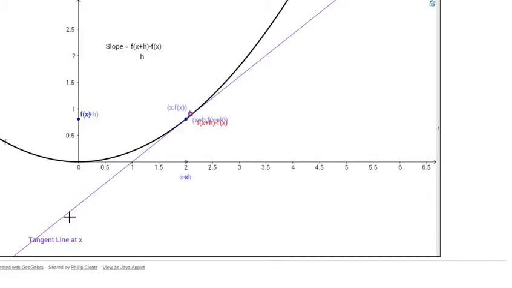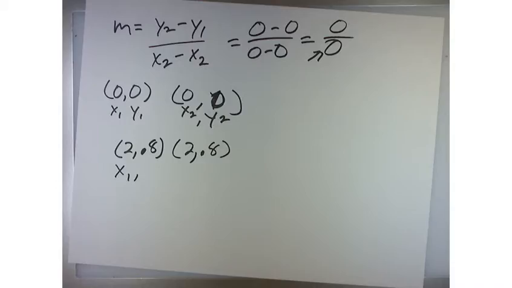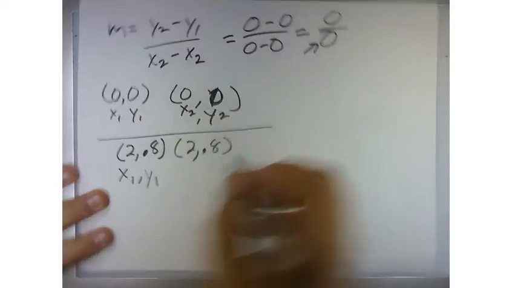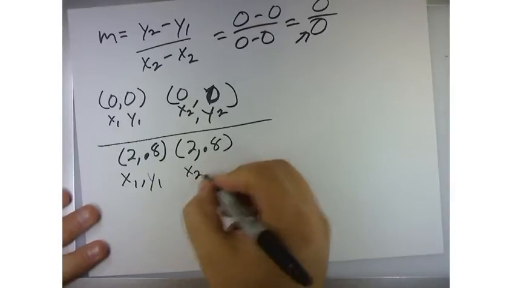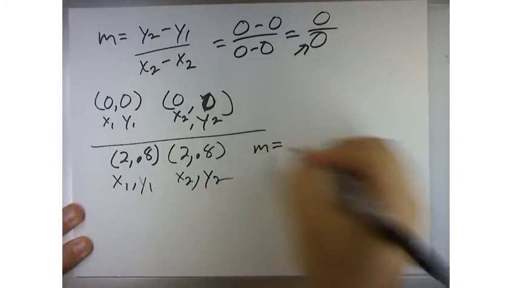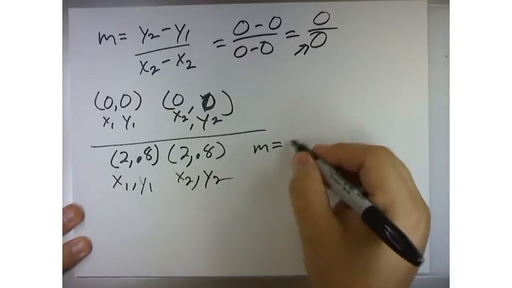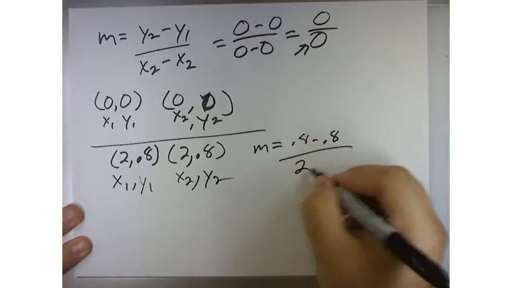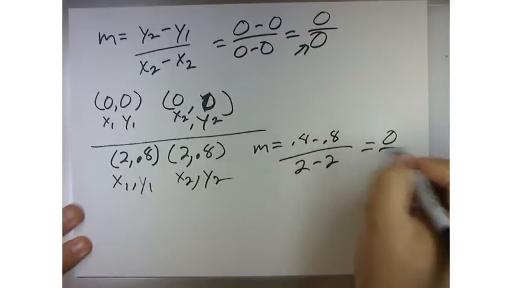So if I pick 2 points, 2 comma 0.8 and 2 comma 0.8, and then I graph those, or I try to find the slope. In other words, I'm going to let this information here be x sub 1, y sub 1, x sub 2, y sub 2, and if I wanted to calculate the slope at that instant in time, I can't, because I end up with 0.8 minus 0.8 all over 2 minus 2, which is 0 over 0.